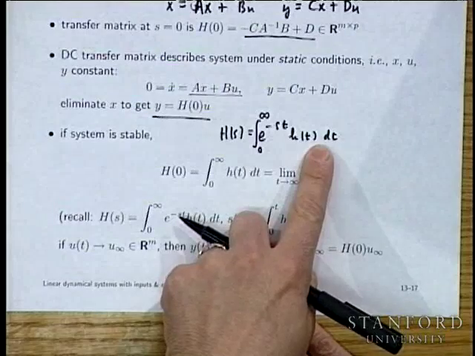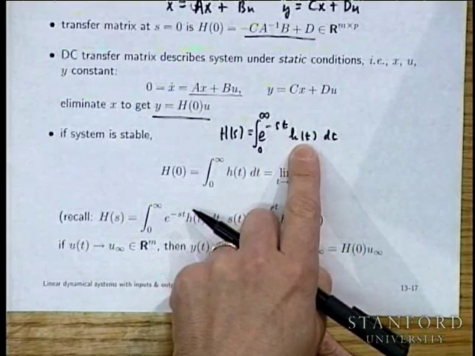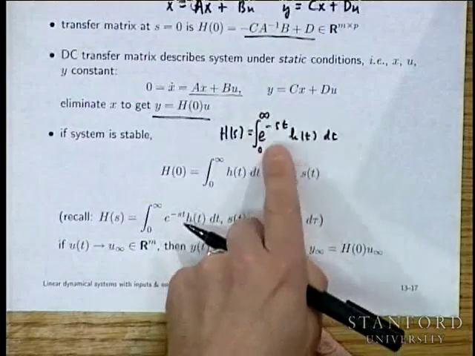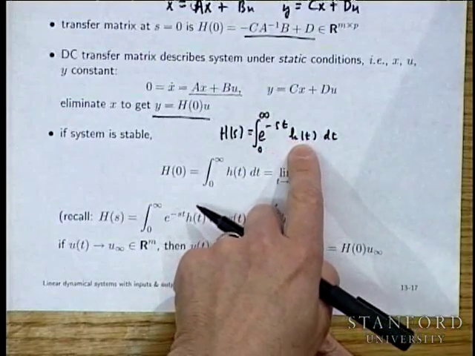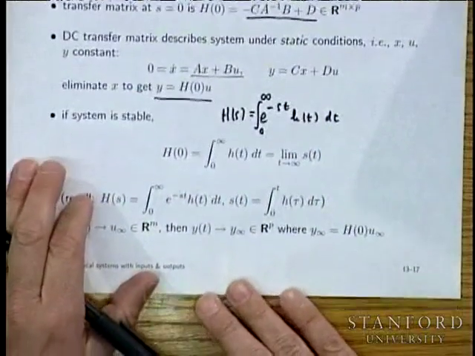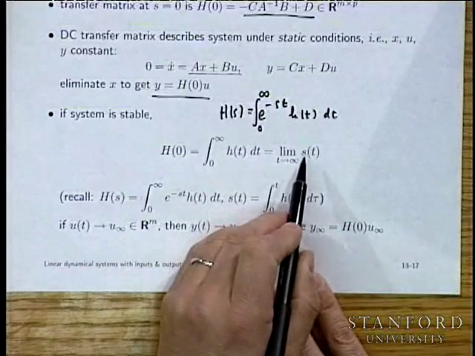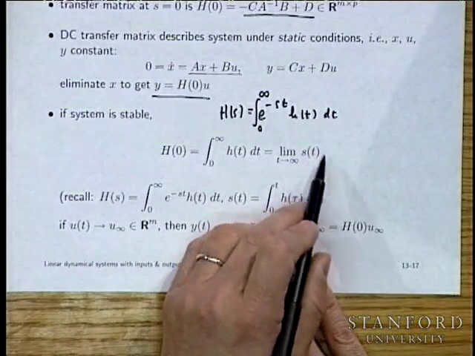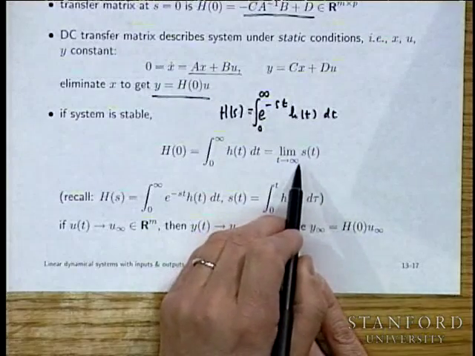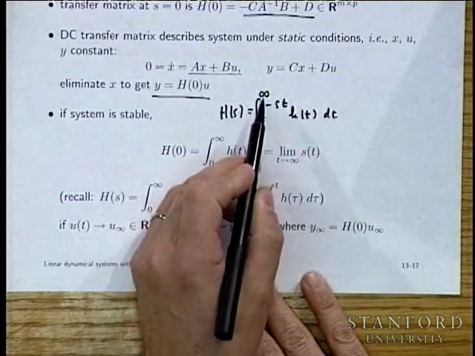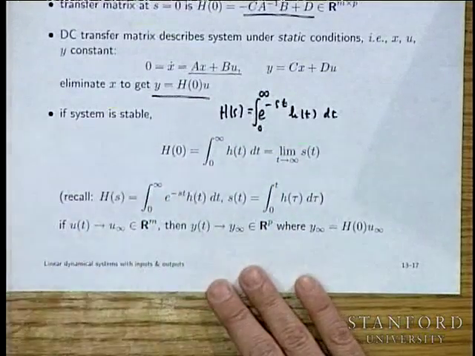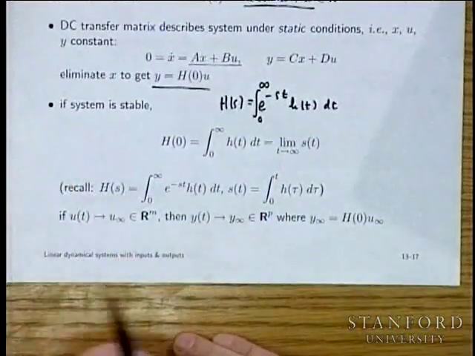That requires the integral of h(t) to make sense, which is the case if h(t) decays. It's also the limit, as t goes to infinity, of the step response matrix, which is the integral from 0 to t of h. That follows from the definition of the integral.